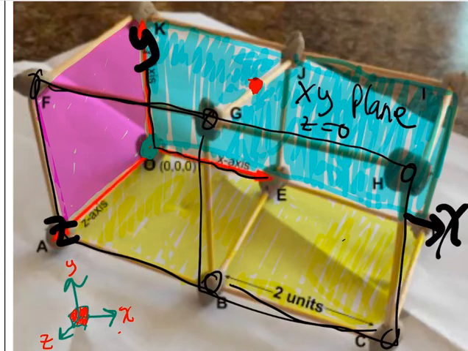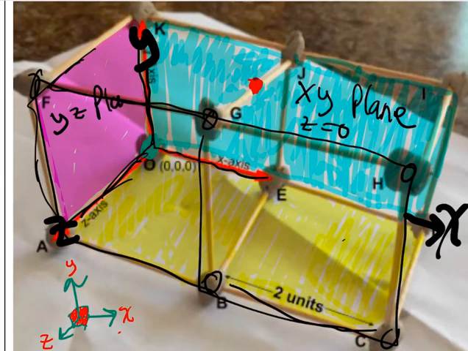Alright, so what about the purplish one? What about this purplish rectangle? Well, it's defined by the y and the z axes. So that's the yz plane. A plane is just a sheet. Well, what is the x value everywhere on the yz plane? X equals 0 there.